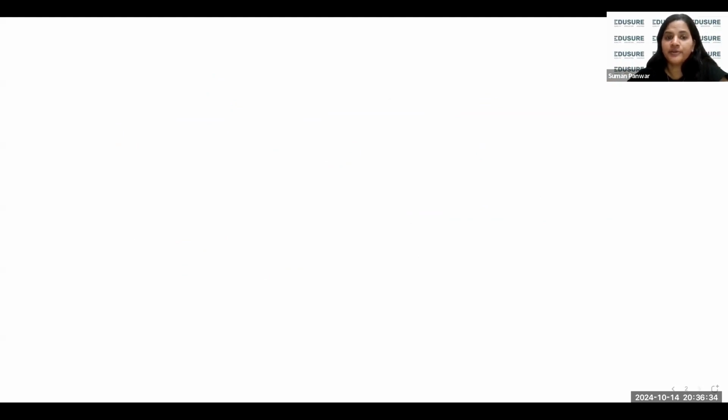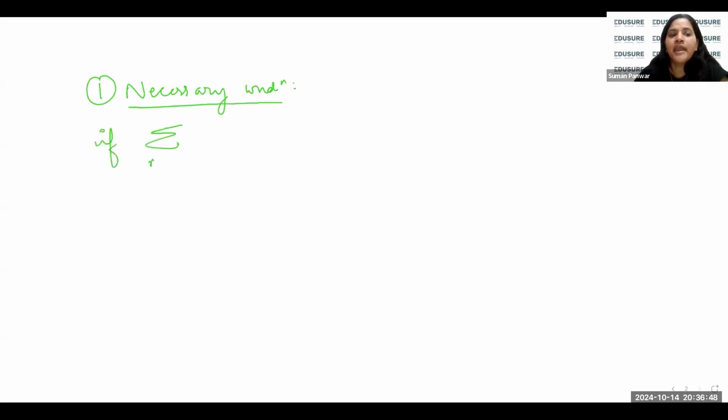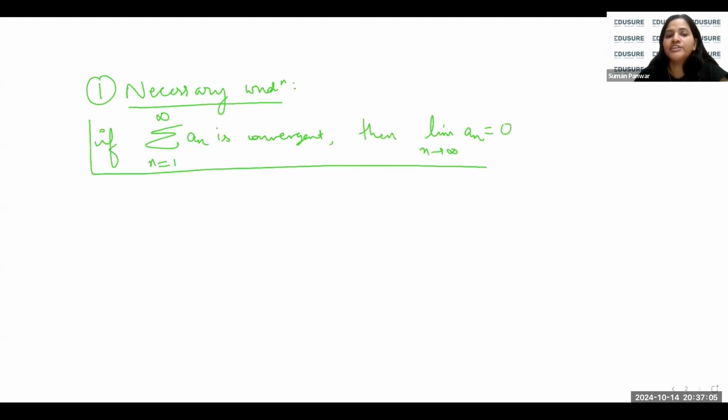The first thing that is used to check whether a series is convergent or not is the necessary condition. What is the necessary condition? It says if sigma n going from 1 to infinity a_n is convergent, then limit n tending to infinity a_n should be equal to 0. This is a very important condition.